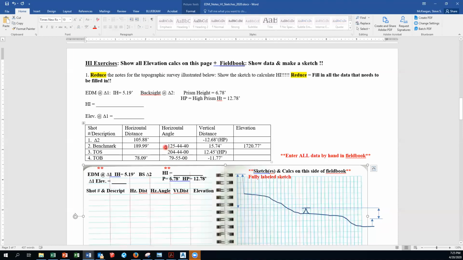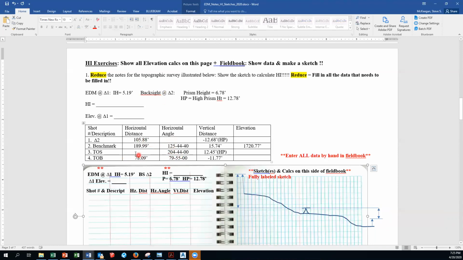Let's take a look at this information. What should the horizontal angle be on my back sight? It'd be 0. This would be on your second test. Now, what about here?